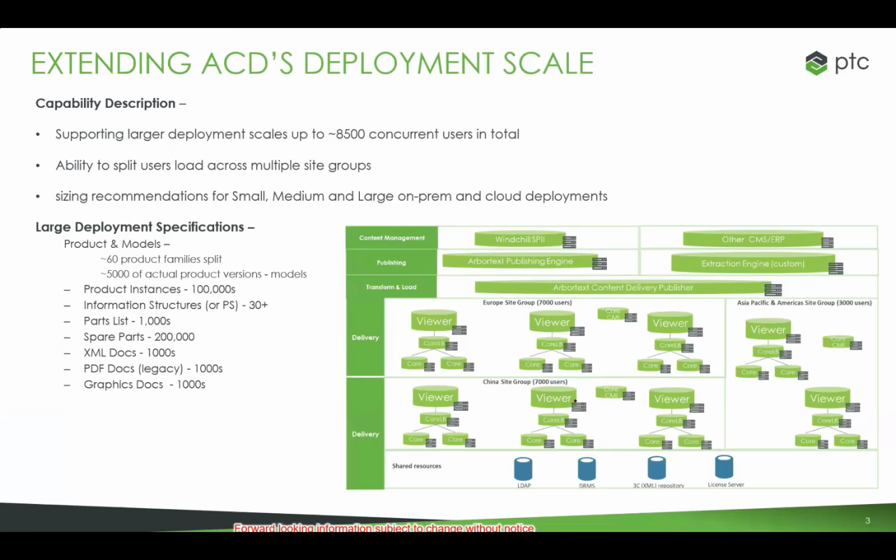So up until this version, I think the average deployment scale was around 2,000 users, concurrent users. And we have managed to get to a point where we can support up to 4 times that size. So around 8,500 concurrent users.